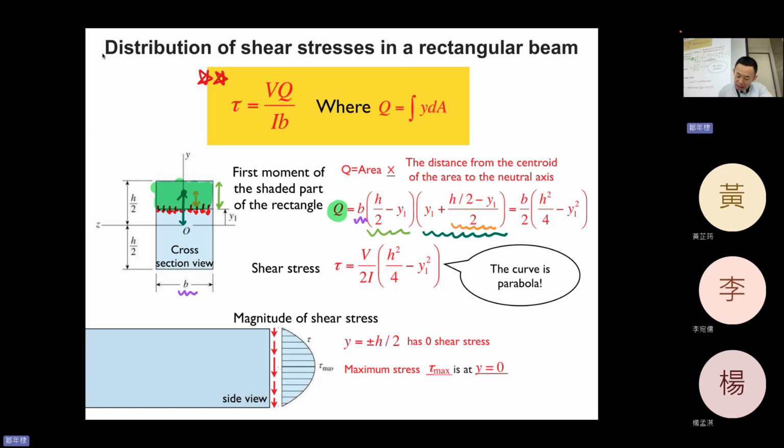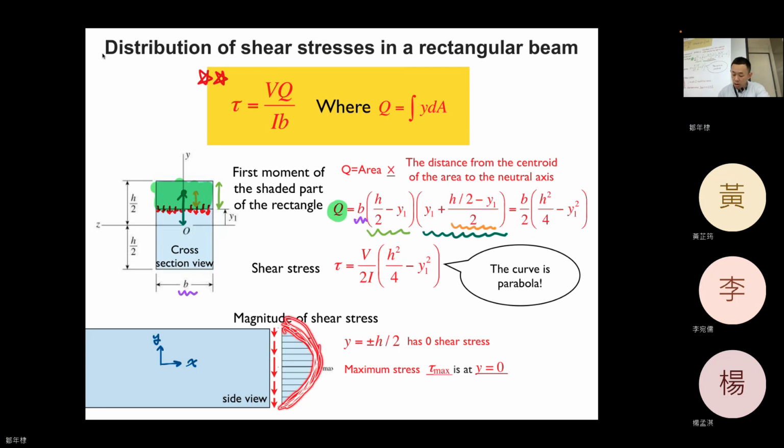So when you see the side view, the shear stress at this side should be small and getting greater and greater. In the middle it is the biggest, and then it gets smaller again. So it's a parabola.